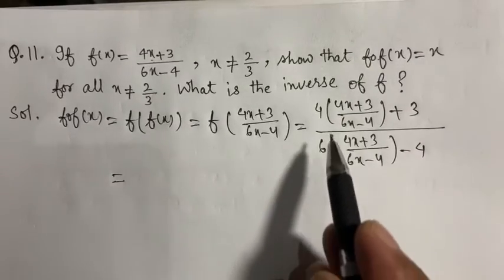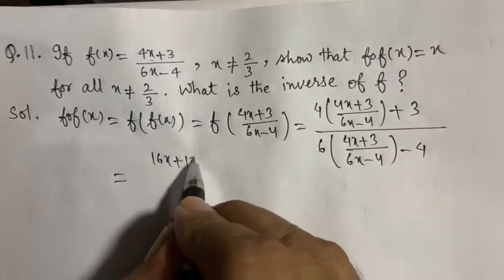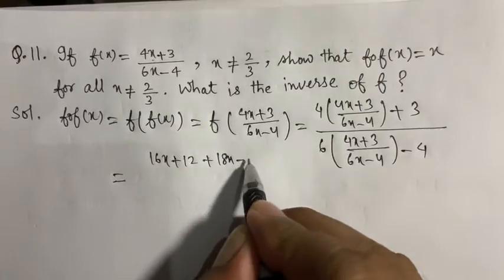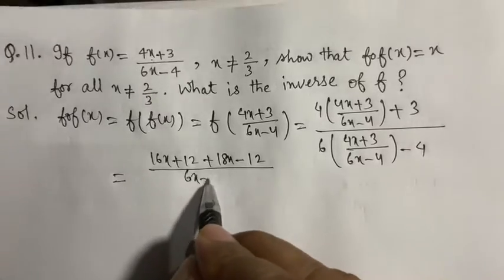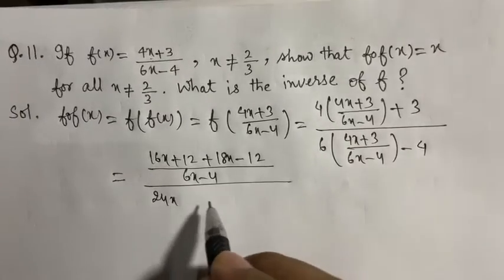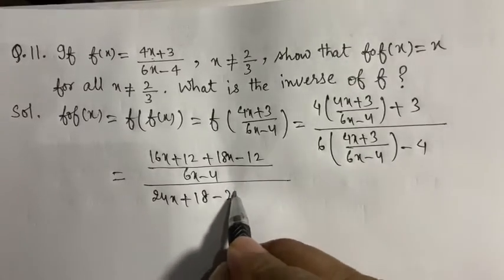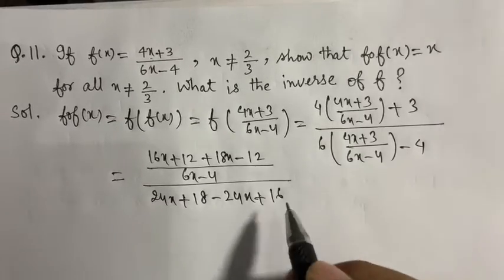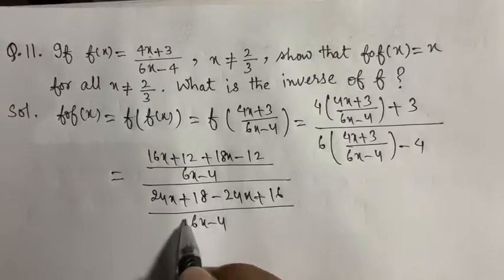Now we have 16x plus 12 plus 18x minus 12, and the LCM 6x minus 4, upon 24x plus 18 minus 24x plus 16, upon 6x minus 4.